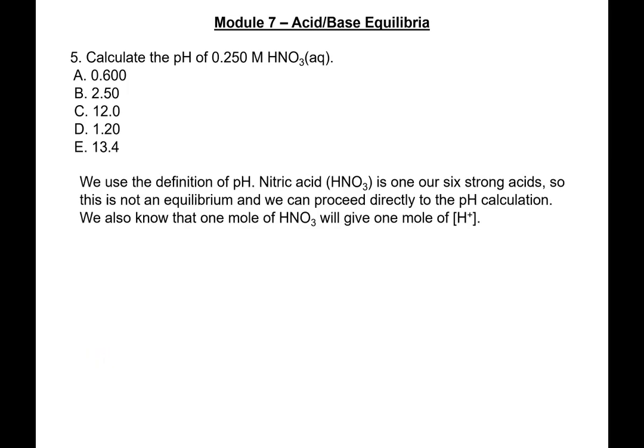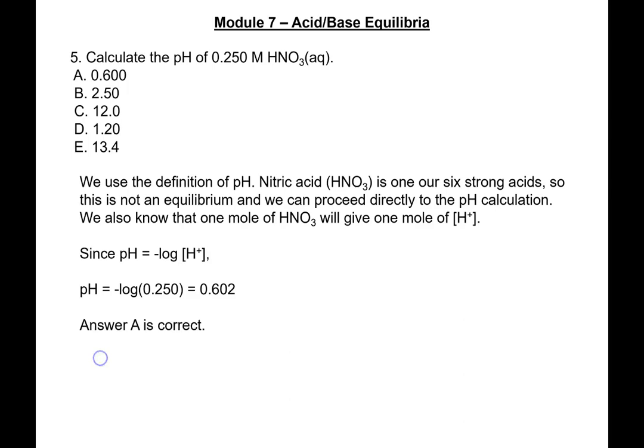And so we can proceed directly to the pH calculation, because we know 1 molarity of HNO3 is going to give 1 molarity of H+. In our case, we have 0.25. So we just take the negative logarithm of 0.250, and I get an answer of 0.602. So clearly answer A is the right one.